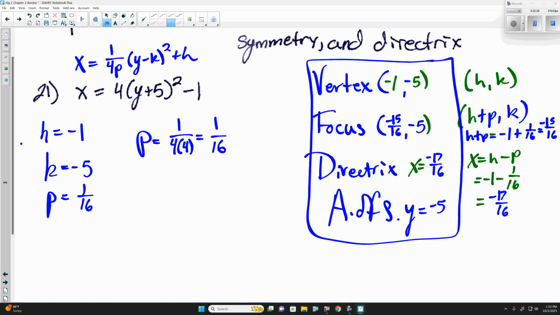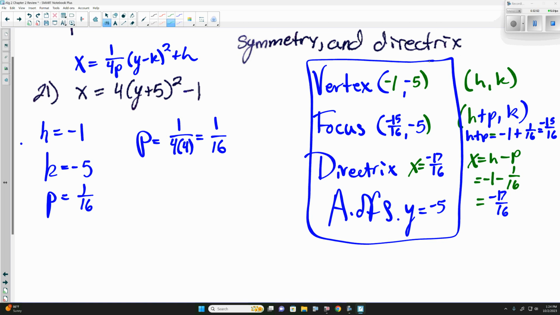Now, these points on the test are worth 9 points apiece. So the vertex, you get 1 point for the negative 1, and 1 point for the negative 5. For the focus, same thing, negative 15/16 a point, negative 5 is 1 point. The directrix, you get 2 points, one for the x equals in this case, and 1 point for its value.